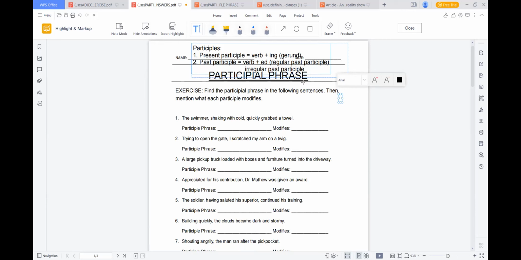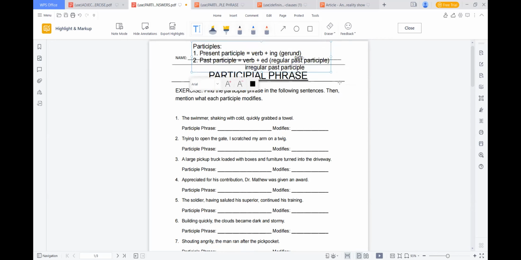Participles have different forms. Can you see this one? Okay. So past participle, if it is regular, let me type out regular, past participle is like past tense.